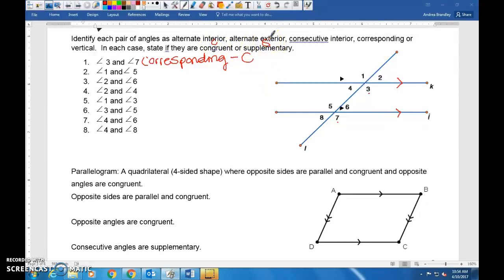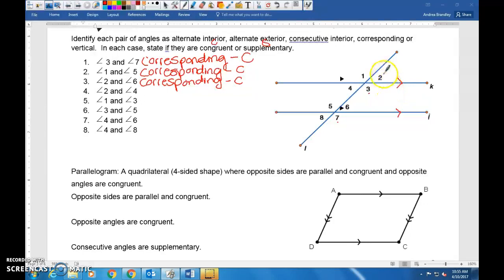Angles 1 and 5 are in a similar situation. One's exterior, one's interior. They're in the same place comparatively. So these are also corresponding, which means they're congruent. Angle 2 and angle 6 is yet another example of corresponding, so they are congruent.